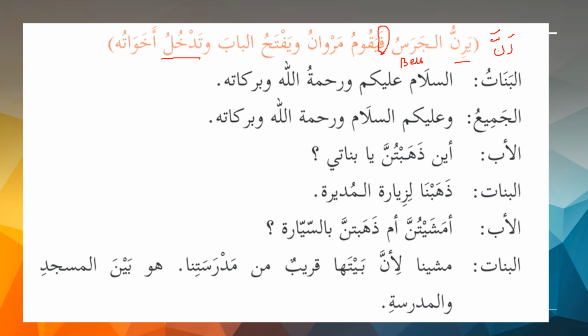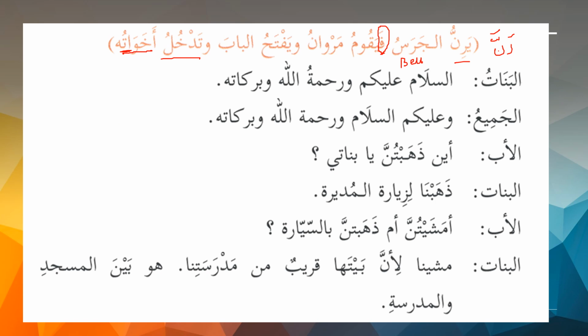As I always say, there are some clues. Whenever tadkhulu is being used for feminine singular ghaib, there will be a clue in the sentence. So what is your clue in the sentence? The feminine plural, akhawat. The alif and ta tells you it's muannas, the jama muannas salim. And his sisters entered. So tadkhulu akhawatuhu.